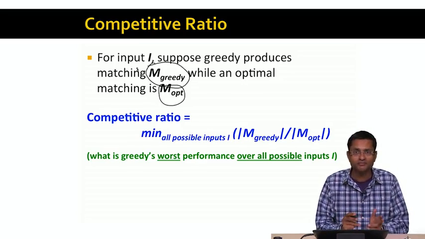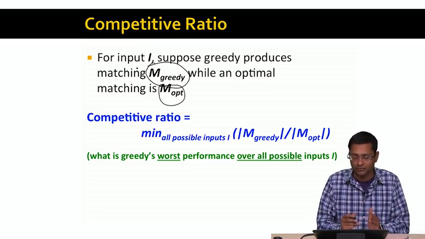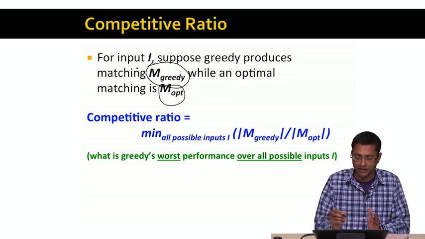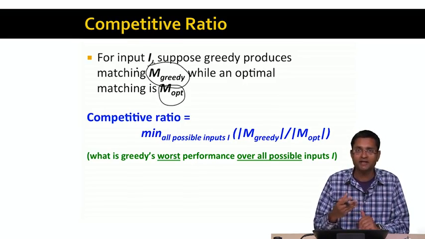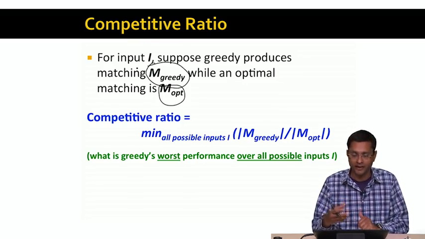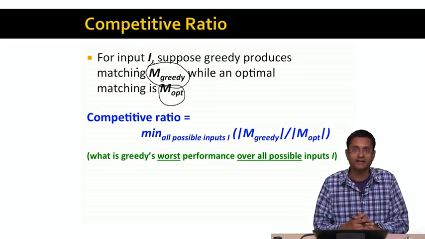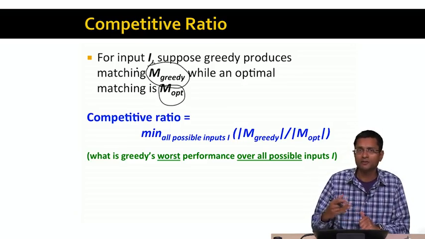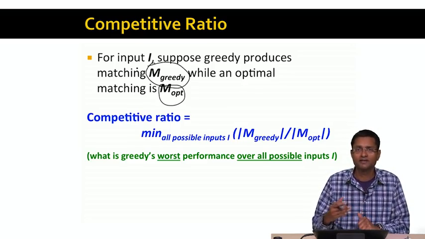Now, we know that the cardinality of M greedy is going to be less than or equal to M optimal. It can never be greater than M optimal, because M optimal is the optimal matching, and we can't do better than that. The greedy algorithm is not always going to match the optimal matching, but it's going to be less than the optimal matching, or in the best case scenario equal to it.